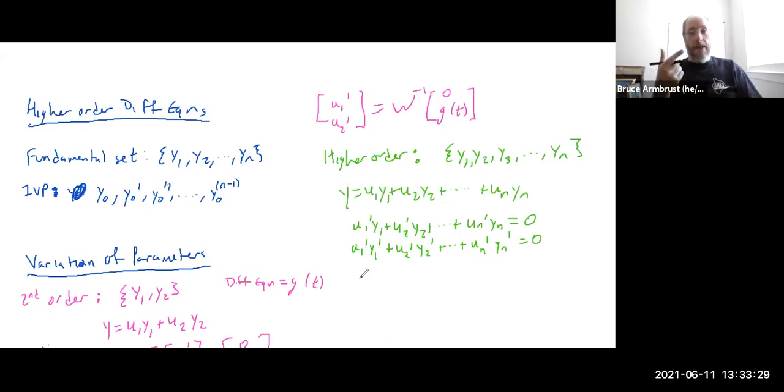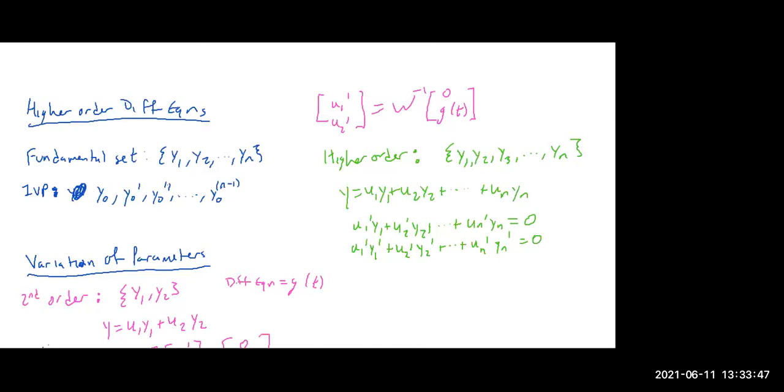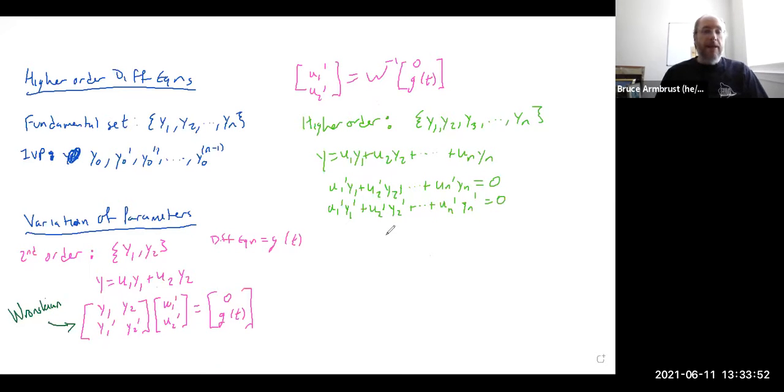A, we can do it, and B, it's going to make all those things go away so that when we differentiate the next time, we don't get any double primes on the u. We don't care about higher order derivatives on the y's. Those are not a big deal. But it's the u's we don't want higher order derivatives on, because we have to integrate it at the end, correct? Yeah, exactly. And it's going to make it a little bit easier for us to create our matrix equation. If all these things are u primes, then that's going to be our vector over here.